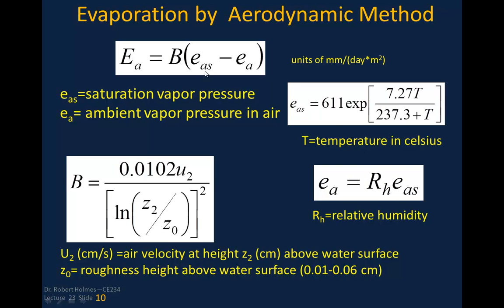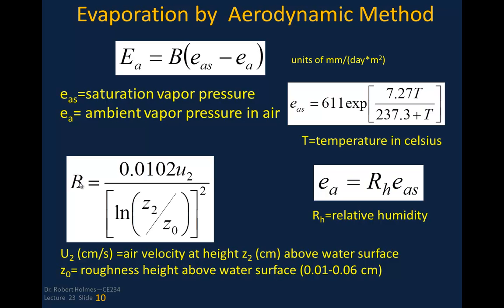And so if you put these together, that is multiplied by B, which is the vapor transport coefficient, and that has units of millimeters per day per square meter. That's the evaporation by the aerodynamic method. This B here has the units of millimeters per day times pascals, so day pascals.